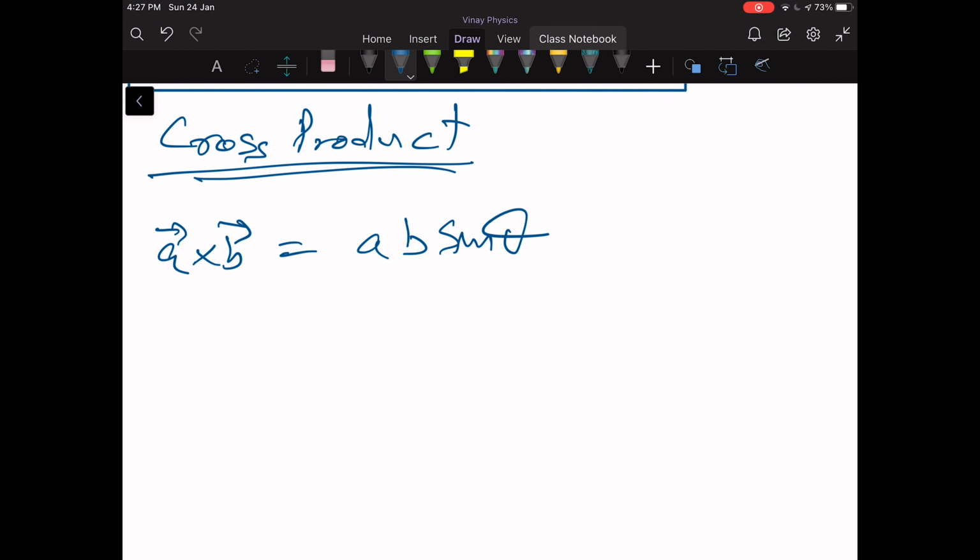Now, as we can see, for theta equal to 0, this will be 0. So i cross i will be 0, j cross j will be equal to 0 and k cross k will be equal to 0.